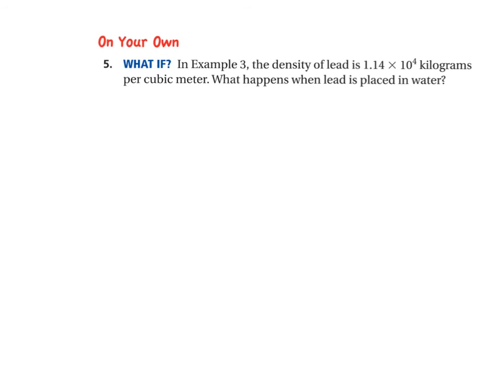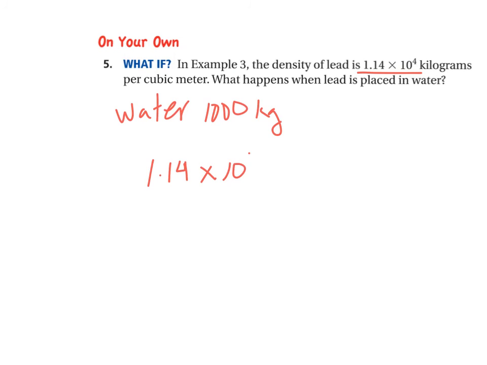All right, this is talking back about example 3. What if, in example 3, the density of lead is 1.14 times 10 to the 4th kilograms per cubic meter? What happens when lead is placed in water? Well, remember, the water was 1,000 kilograms, right? So we need to see if this is less than or greater than 1,000. So 1.14 times 10 to the 4th.